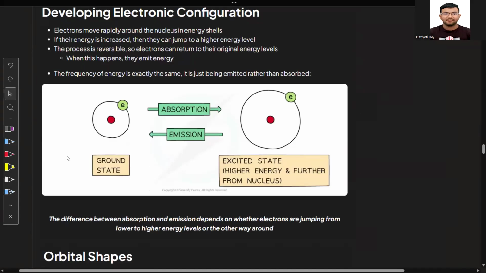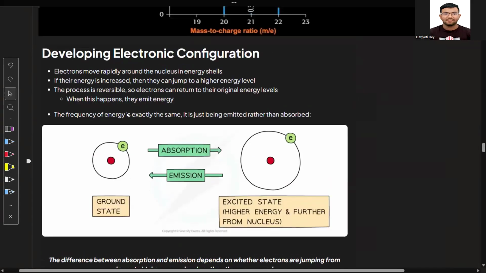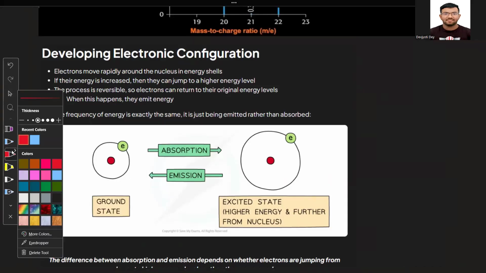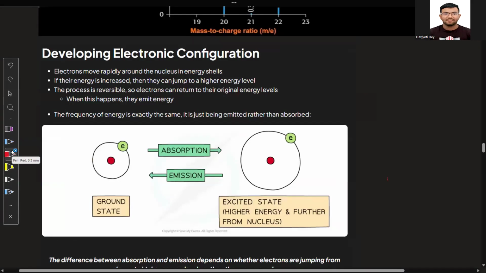First of all, we learned this a long time back, when we were in grades 7 and 8: the simplest idea of atoms is that electrons rapidly move around the nucleus in energy shells.